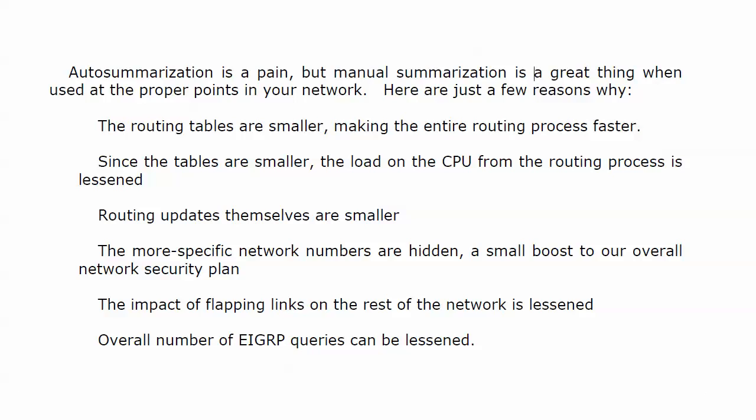And there's a bit of a domino effect here because when the routing tables are smaller, that makes the entire routing process faster. And because of that, since the tables are smaller, the hit to the CPU from the routing process is also lessened. The routing updates themselves are smaller. Not exactly a huge security point here, but you do get to hide your more specific network numbers with manual summarization.